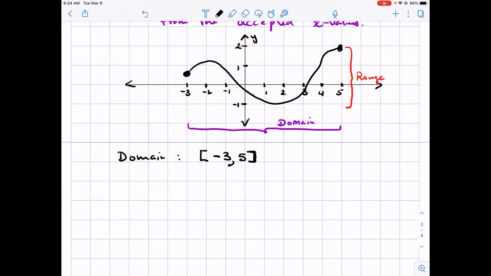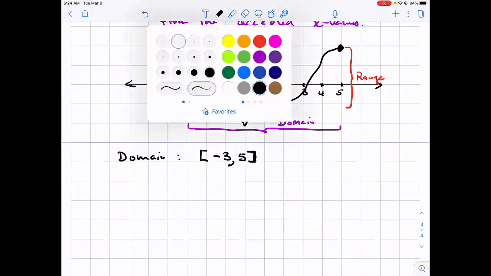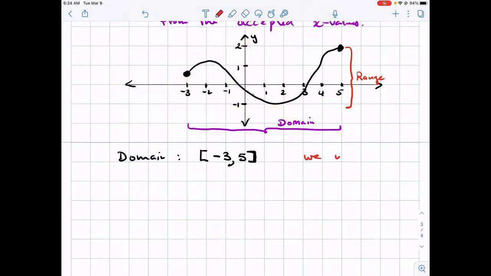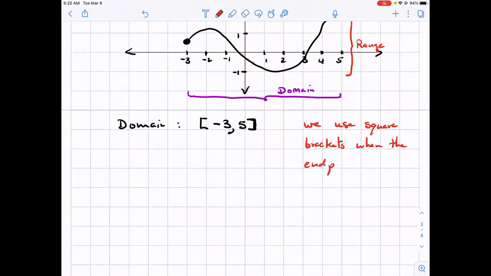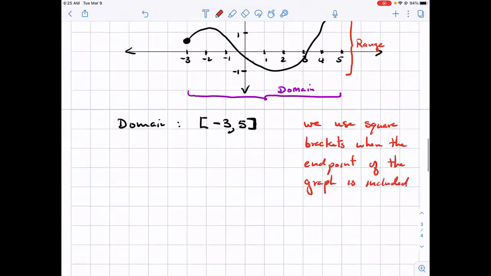So we use a bracket when the endpoint is included. So we use square brackets when the endpoint of the graph is included, meaning it's a solid dot.